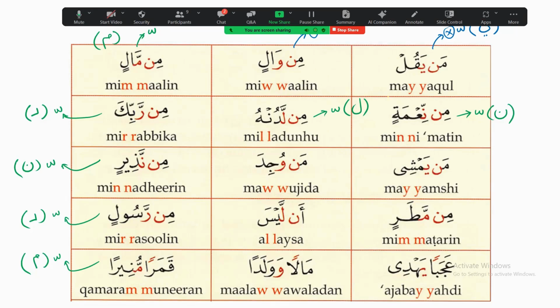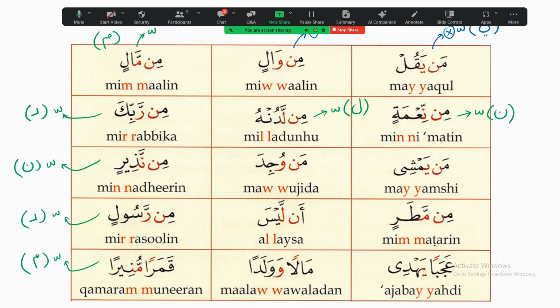And you will see if that letter is from those six letters of yarmaloon or not. And if that letter is from those six letters of yarmaloon, then again you will have to see which type of idgham you will apply on that word. So let's do this exercise in that manner.